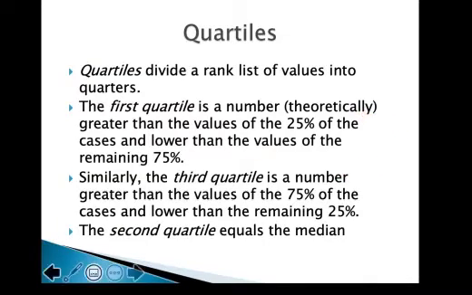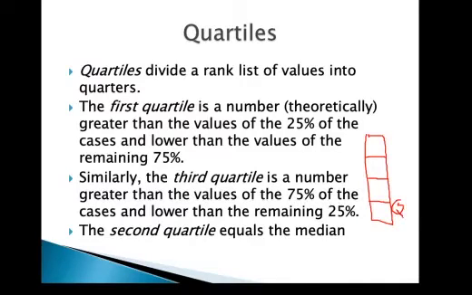And so, if we have, for example, a list of values arranged in an array from lowest to highest. So suppose we have here a list of values, and then this is the median, and then we divide this into 4, and this is the first quartile, and I denote it as Q1.